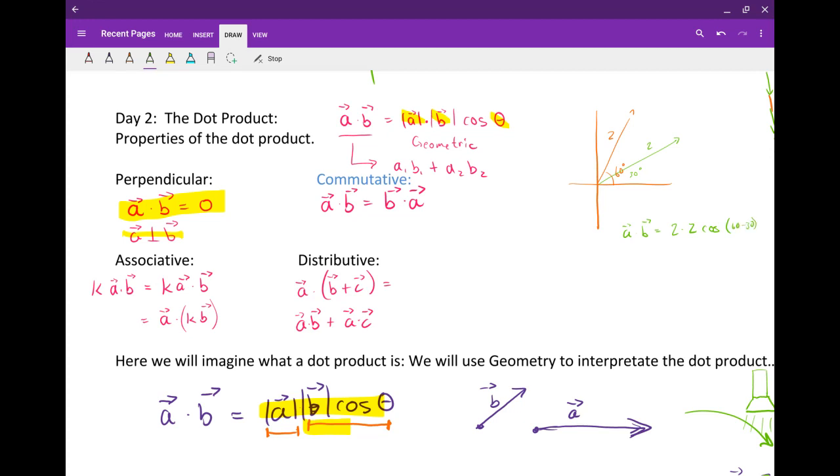You just take the difference between the two angles there. And there you have it. That's the dot product.